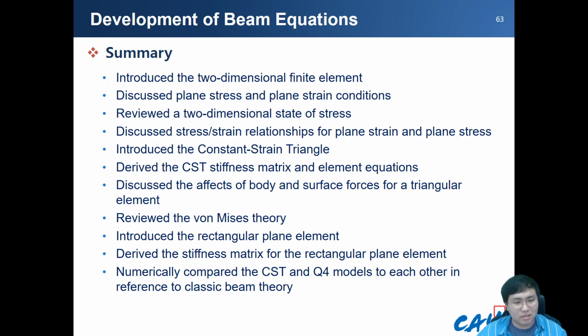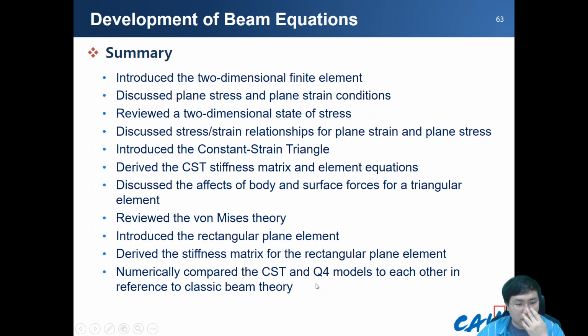Actually, you don't need to worry about plane stress and plane strain. The only difference is the elastic stiffness matrix. And lastly, we distinguished the CST element and the QPO element.